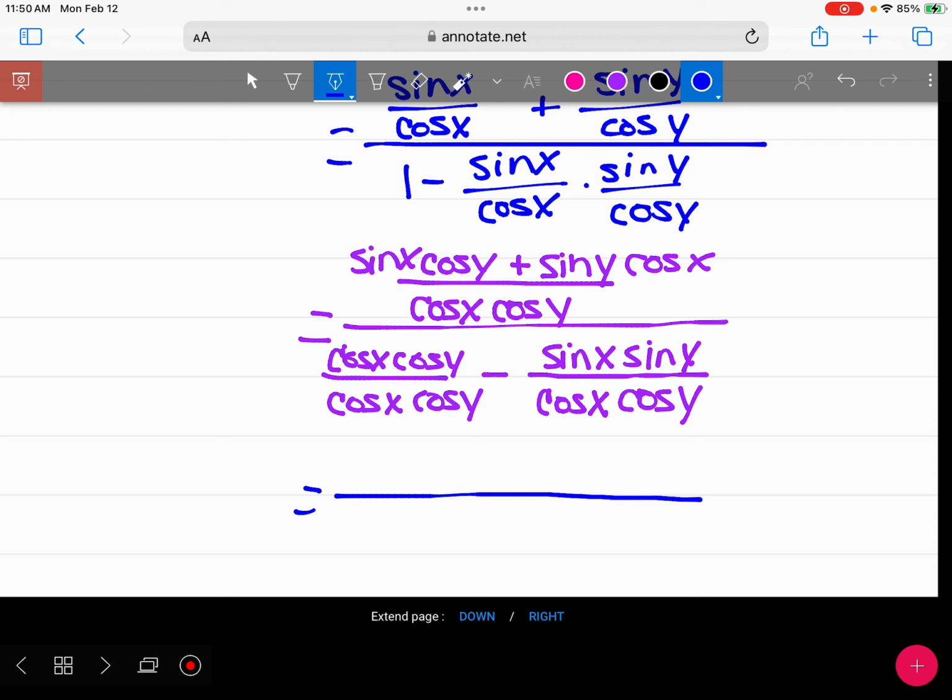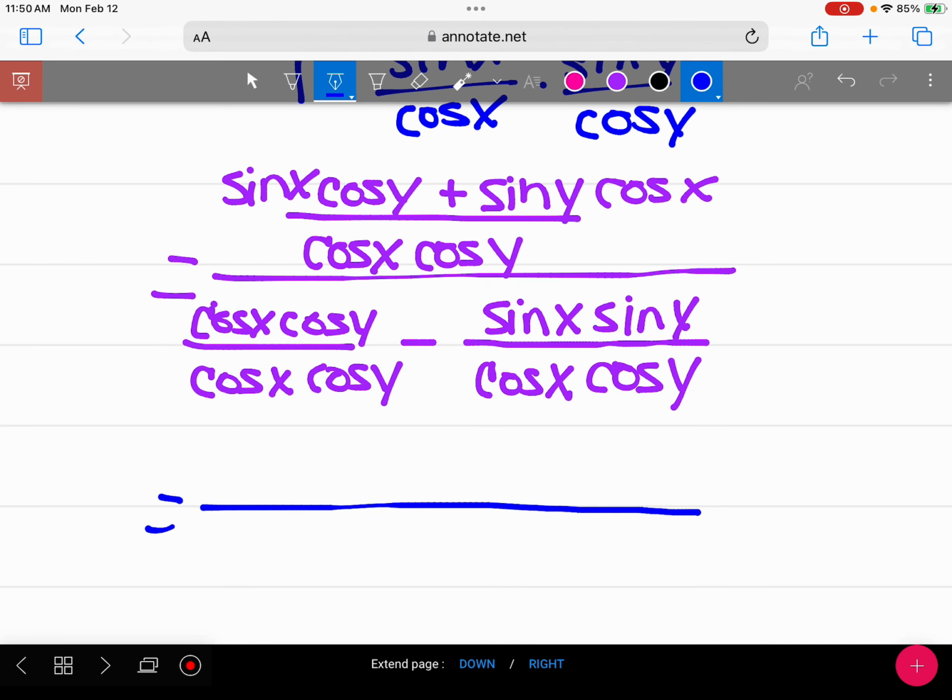So we're going to make the denominator into a common denominator here.